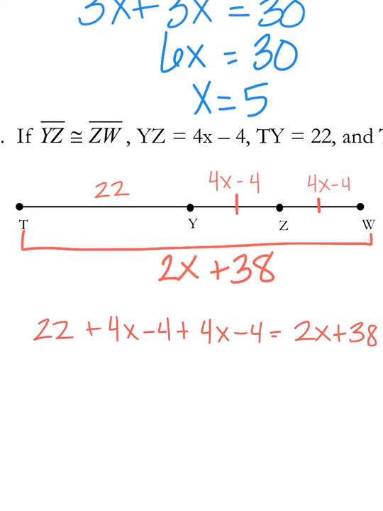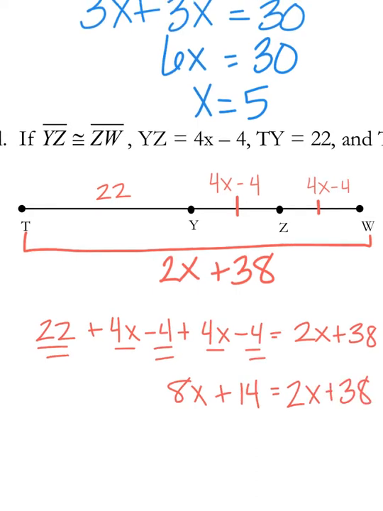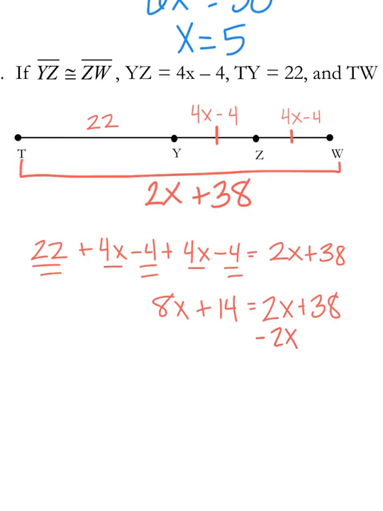And now it's just to combine like terms, so I get 8x, and I get 22 minus 8, so is that 14? And then I get 6x. So is that 24? So x equals 4.